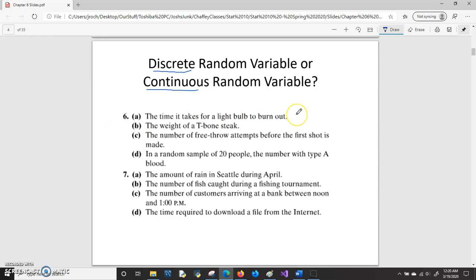So time would be continuous. Part B, the weight of a T-bone steak. So weight is also continuous. You can have a steak that weighs 1 pound or 1.2 pounds or 1.33 pounds. You can have any possible value for a weight of something. So that's also continuous.